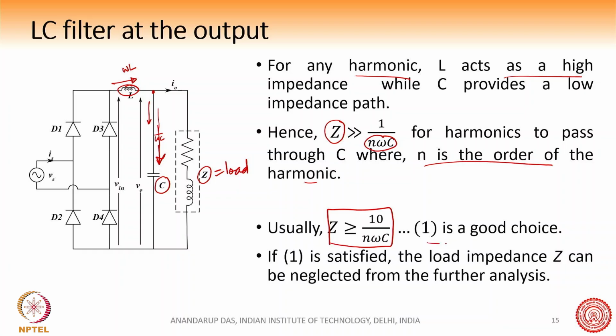If this is satisfied, then the load impedance Z can be neglected. Further analysis we will take up in the next slide. So this is one condition which can be used to design the values of L and C.